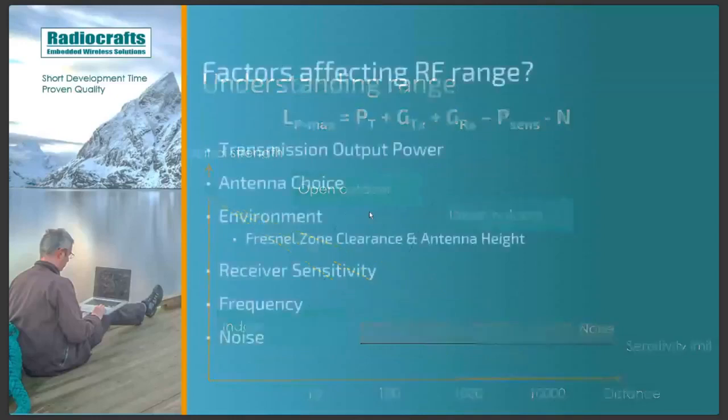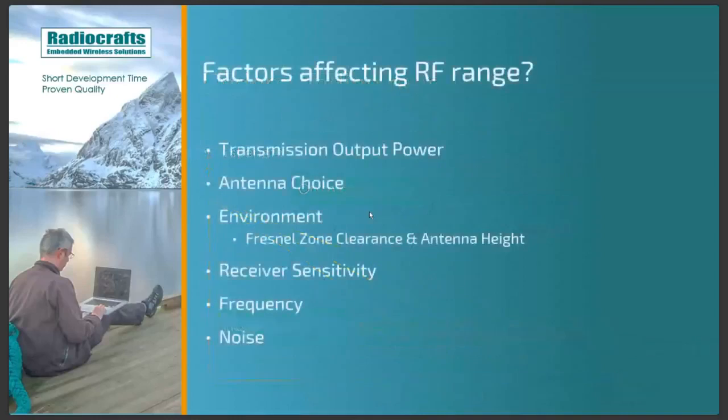What you can change, or what factors affect range, are then these, which I will go into more detail on: the output power, the antenna choice, the environment that you operate in, the sensitivity, the frequency you operate on, and the noise in your environment.